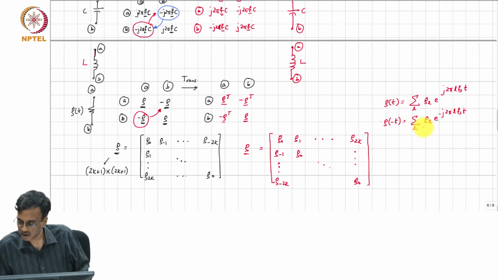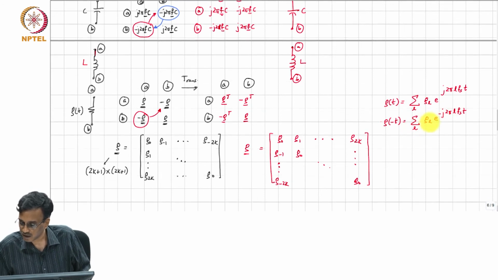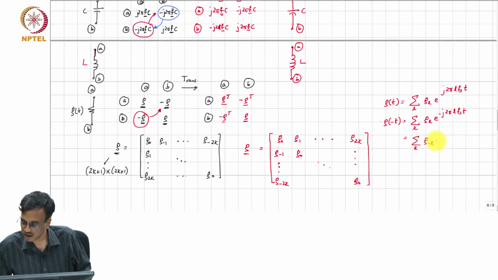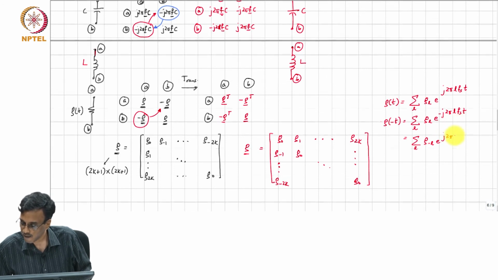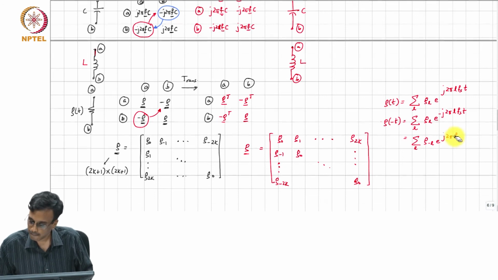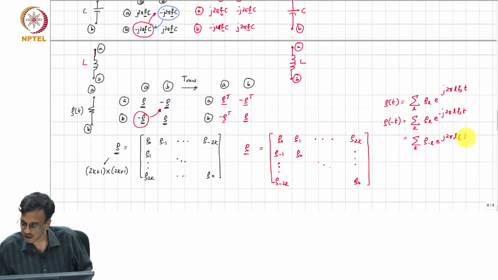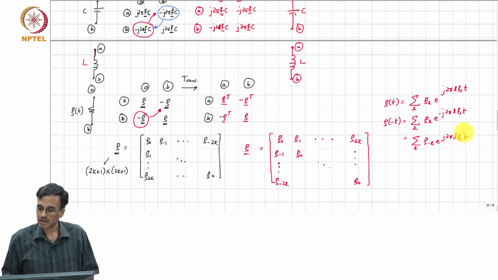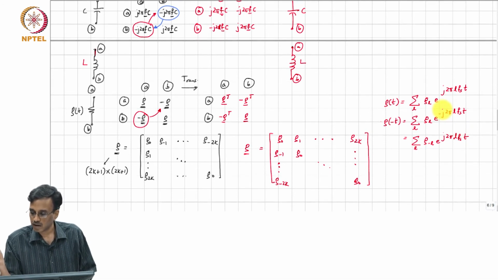So, this is equivalent to saying sum over L of G of minus L e to the j 2 pi L f s times t, right. Okay.